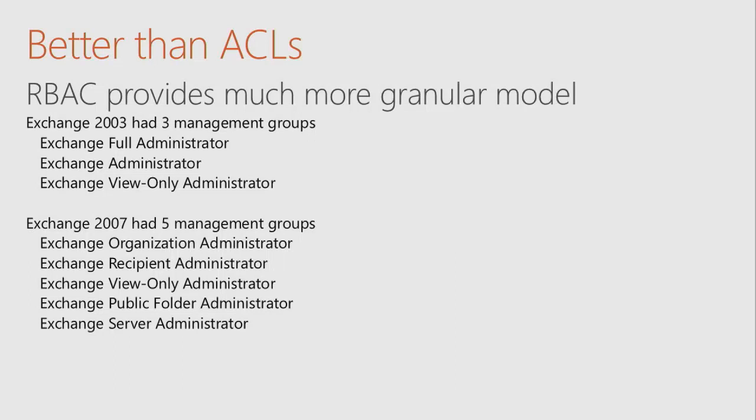But if you look at all those groups, what you see is those groups were defined based on certain categories, right? Public folder management, server management, somebody managing the servers physically, user management, recipient administrators, org admin always has access to everything. But again, all this was customized. You had access based on the delegation, but the delegation was just a wizard that was assigning permissions on Active Directory, right?